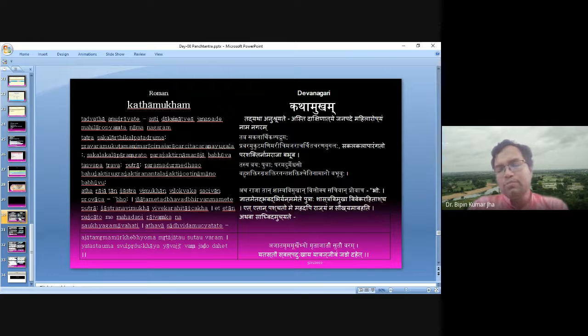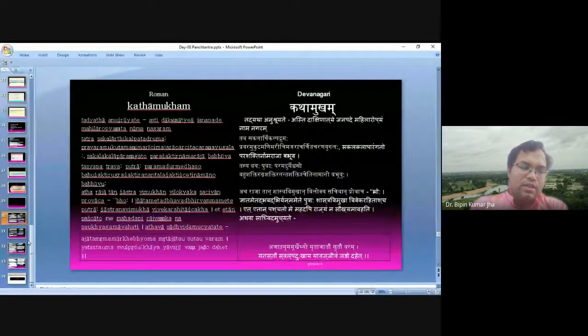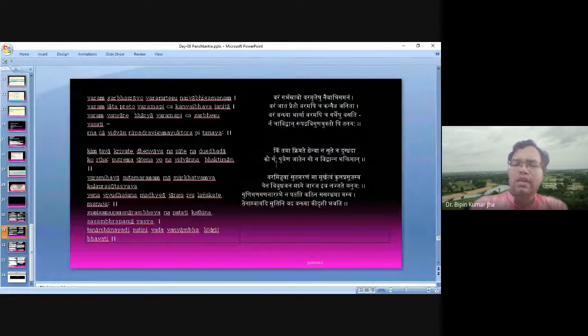So he is saying, ajata mrita murkhebhyo mrita jato sutovaram jat suto swalpa dukkhaya yavat jivam jarodahet. And in the second verse, again the same thing, because he is saying that it is important, if you have kids, they must be learned.